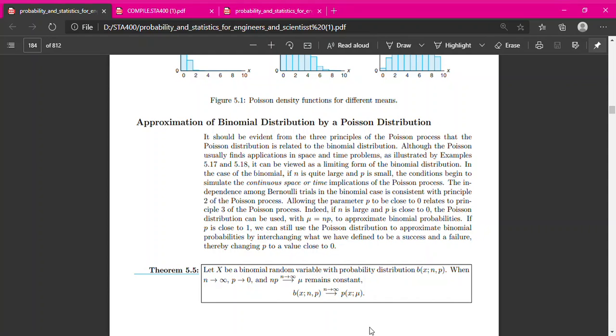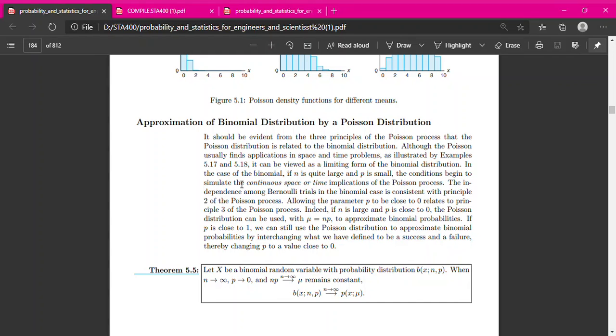Okay, so we read here. Dia kata kat sini, although the Poisson usually finds applications in space and time problems, kan, ada dua, time within the period of time ataupun in a region, the space, it can be viewed as a limiting form of the binomial distribution.